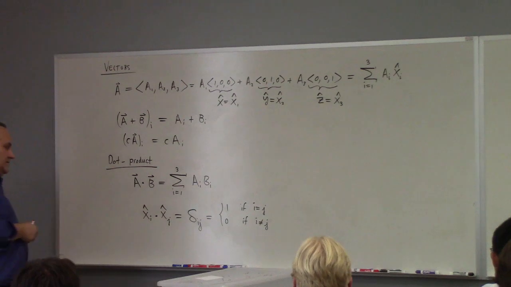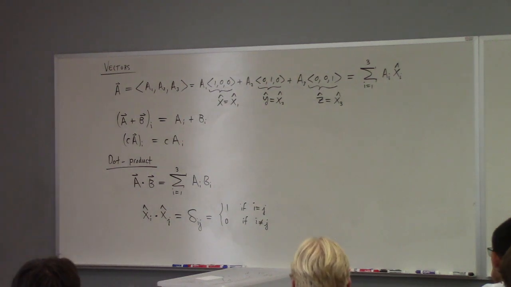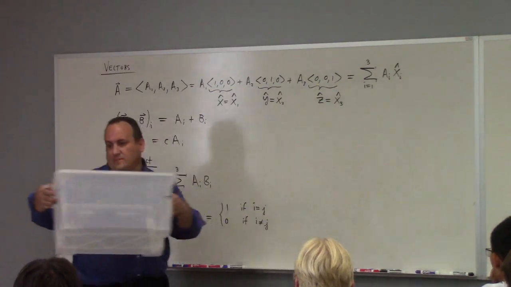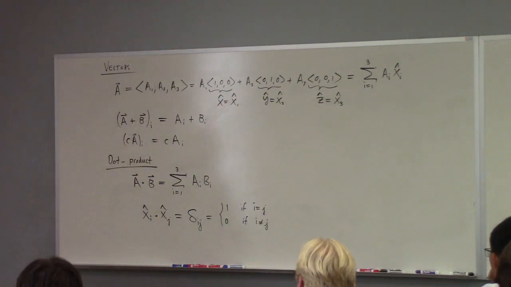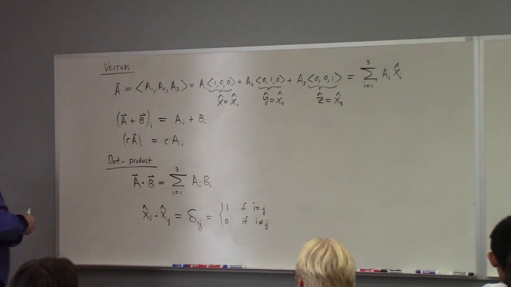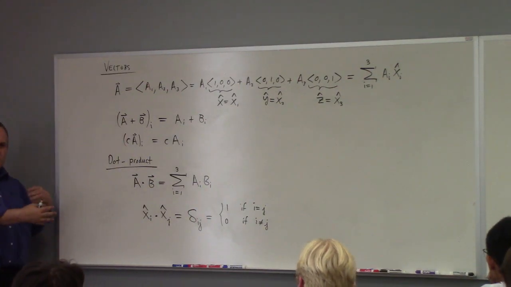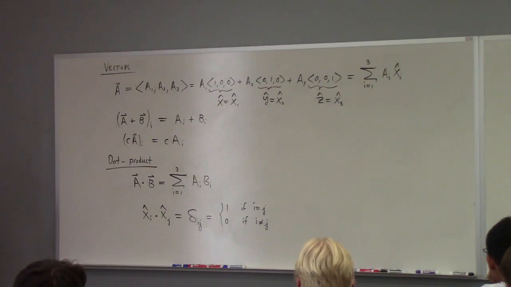What this expresses, of course, is the orthonormality of the Cartesian unit vectors. They're perpendicular and they also have length 1. Now, length 1, I guess that's not clear yet.